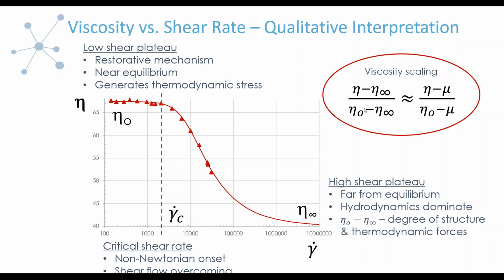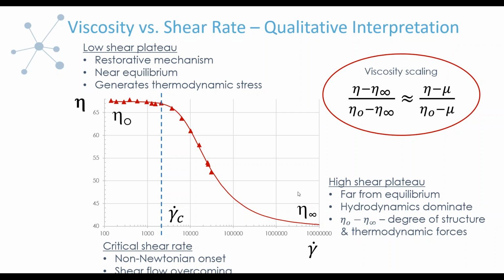So what this would be is, obviously when you're in the low shear plateau region, this ratio is 1. And then as you ramp up shear rate, you're looking for the point where it drops below 1. And that's what I meant by looking at how these thermodynamic stresses are being overcome and how the structure is potentially then being broken down.